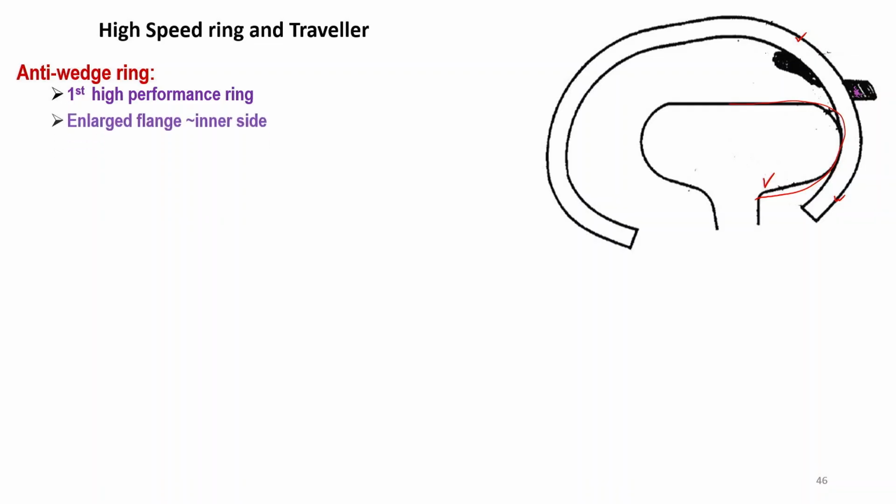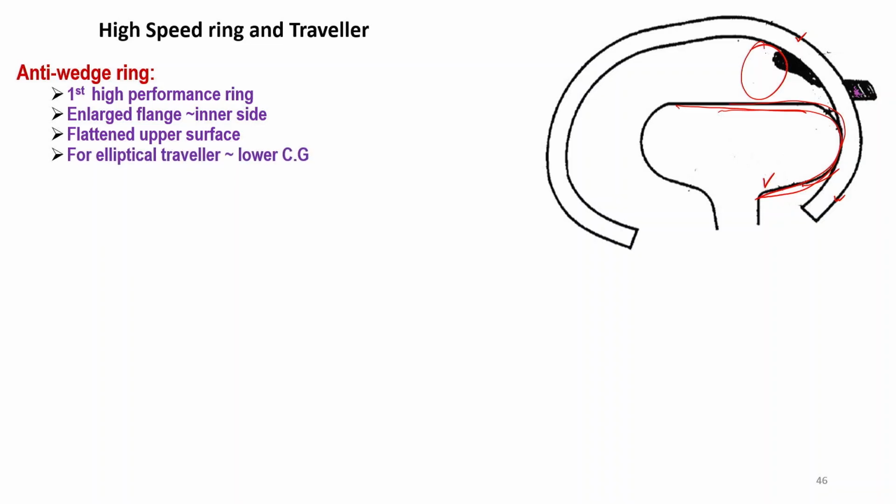The inner side flange is enlarged to provide a higher contact area, and the upper surface is flattened so that it provides more yarn space. So rubbing with the yarn is less, and there is more passage.